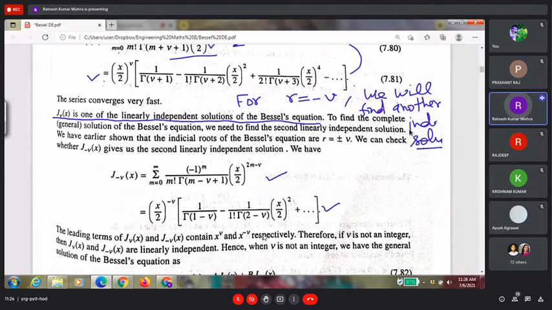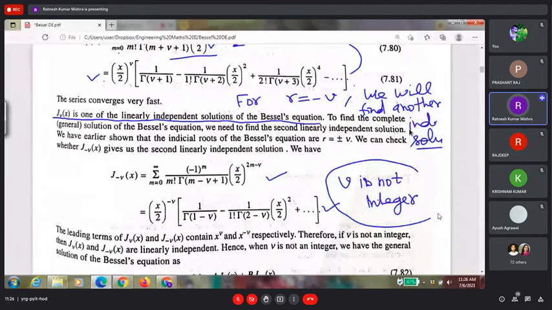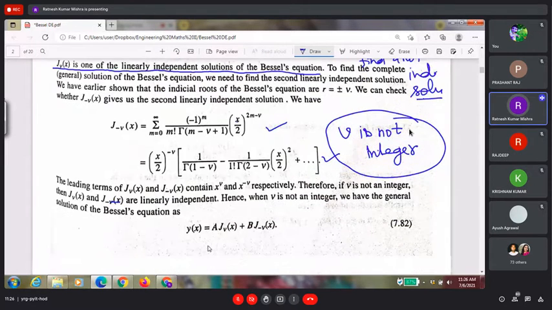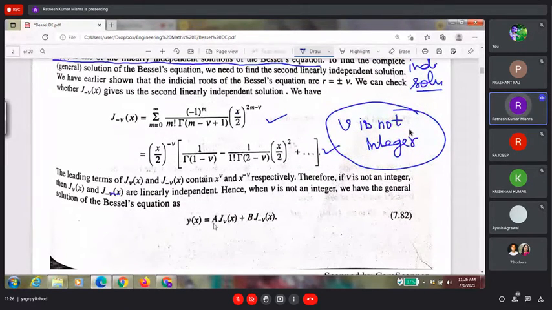So here the main important thing is that v is not integer. Since v is not integer, Jv and J minus v both are linearly independent, and their general solution or complete solution is y equals A Jv plus B J minus v.